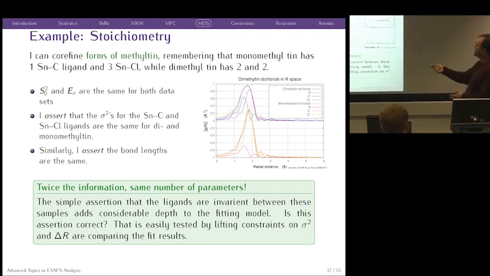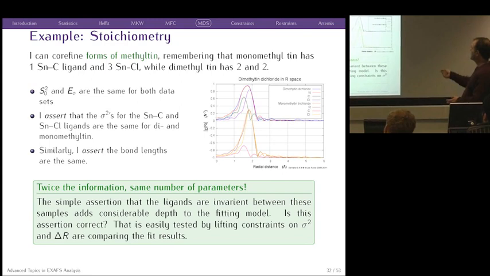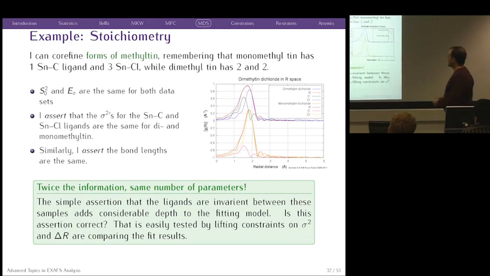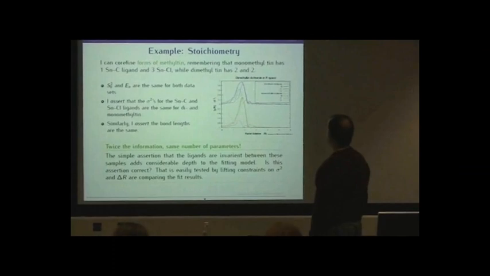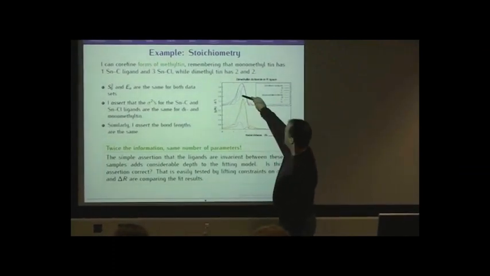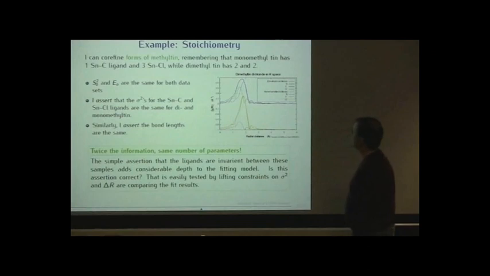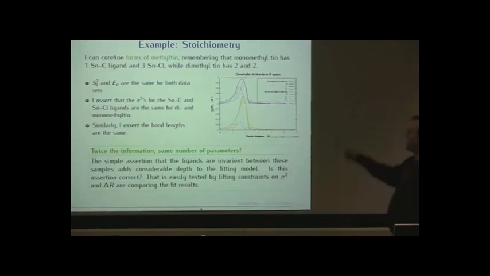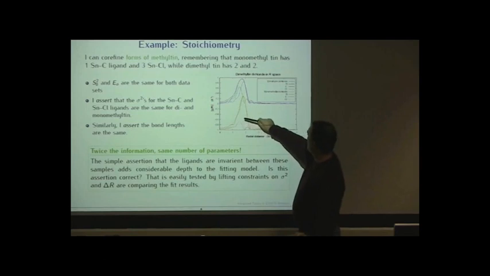We import both data sets, parameterize them the same with the exception of doing the coordination numbers correctly. And we fit both data sets at the same time and come up with this result, where this one and this one are the contributions from the carbon, and the yellow one and the purple one are the contributions from the chlorine, and they use the same sigma squared and the same delta R for both data sets, but here it's one carbon and 3 chlorine, and here it's 2 carbon and 2 chlorine.